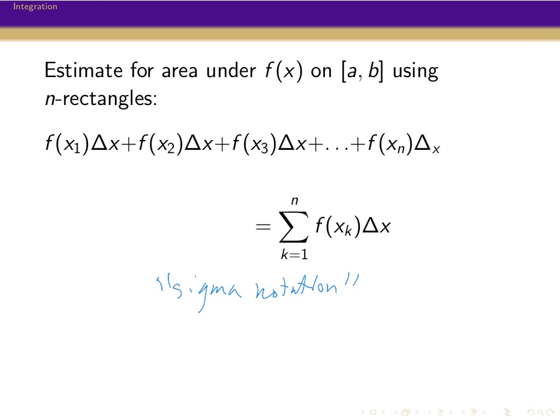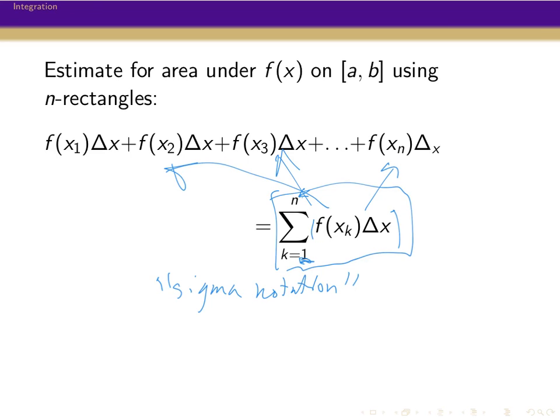The way that we read this is the sum of f of x sub k times delta x. This represents each of these, and it says we are adding this together for all k starting at 1 and going up to n. The k equals 1 at the bottom says this is where you start the sum, and the n on the top says this is where you stop it. This is our way to give us our estimate for the area.